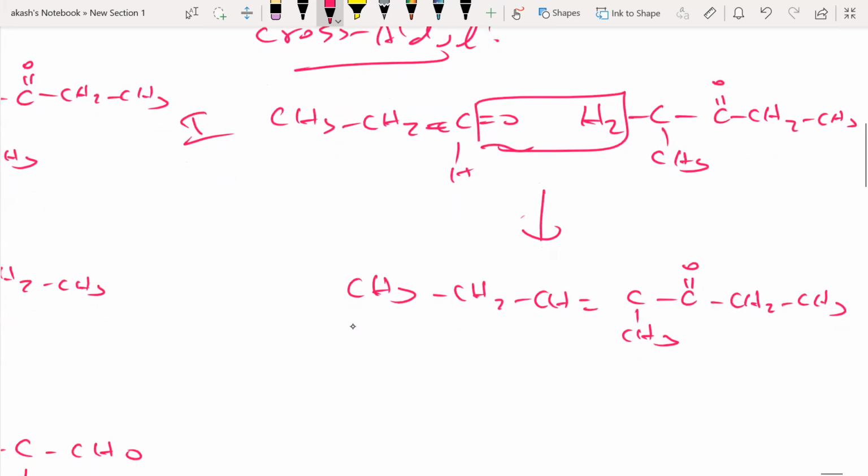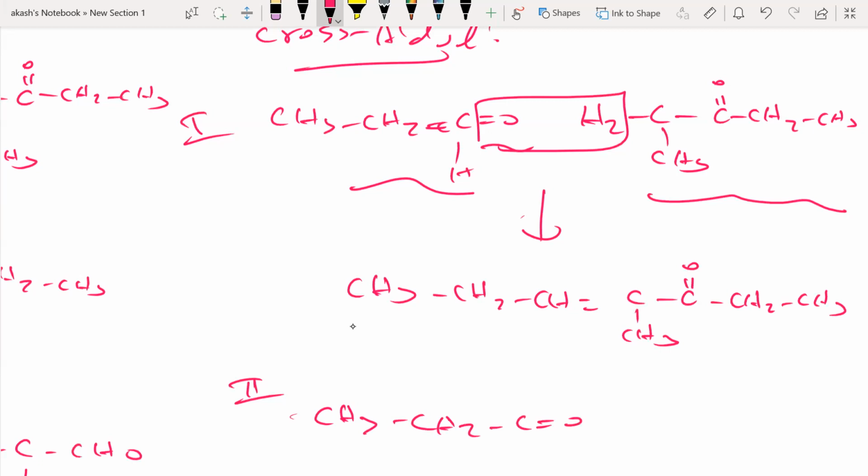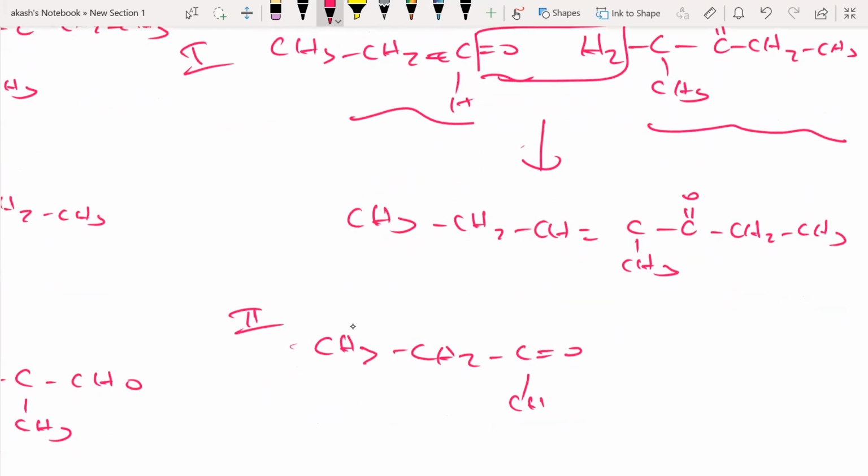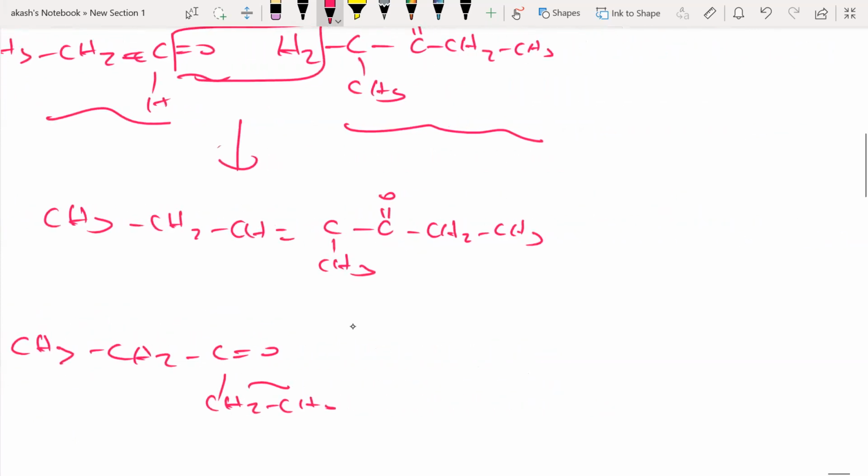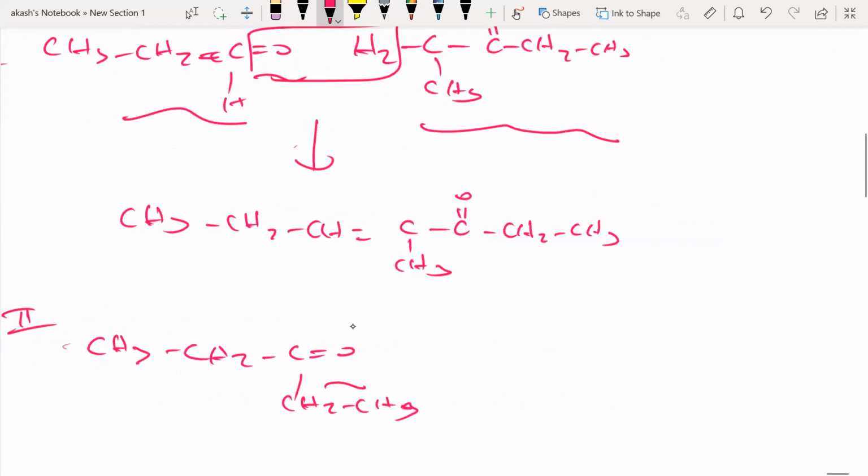Done. First is done. Second case, I'm going to remove oxygen from this and hydrogen from this, right? So let me write it like this: CH3CH2C=O CH2CH3. I'm going to remove oxygen from this, obviously hydrogen from the other one. Right?